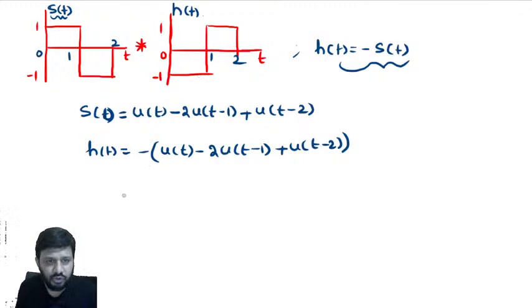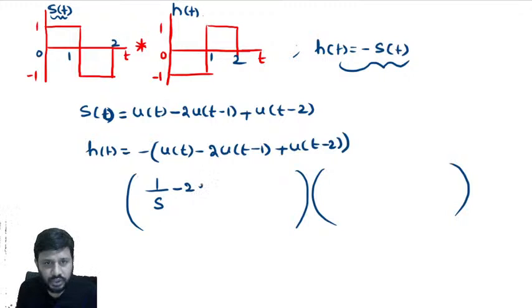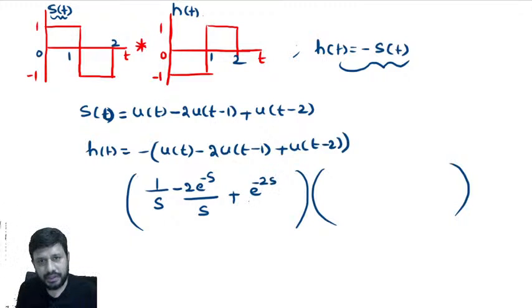Now we know that the output is nothing but the convolution. Now we have to find the convolution. Convolution means calculate the Laplace transforms and multiply the Laplace transforms. So, Laplace transforms: u(t) means 1 by s minus 2 e power minus s by s plus e power minus 2s by s. So when I am multiplying the Laplace transforms, I am putting the minus symbol in the front.